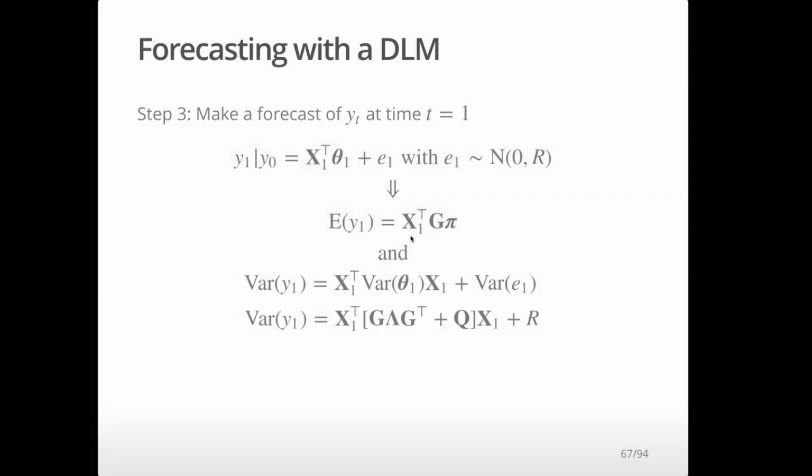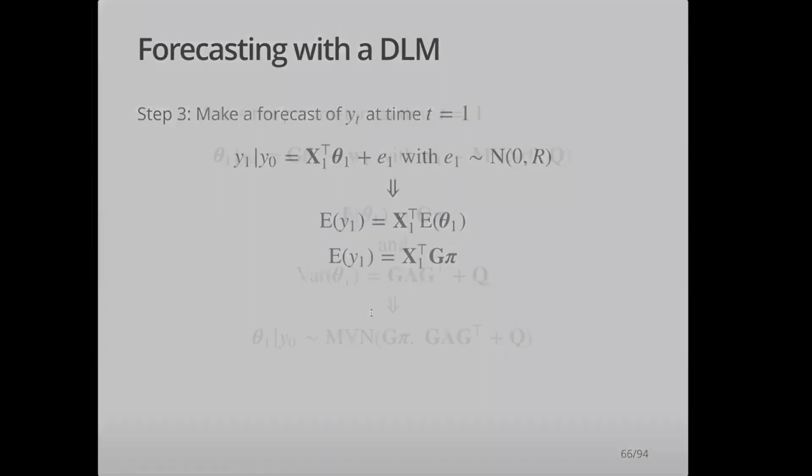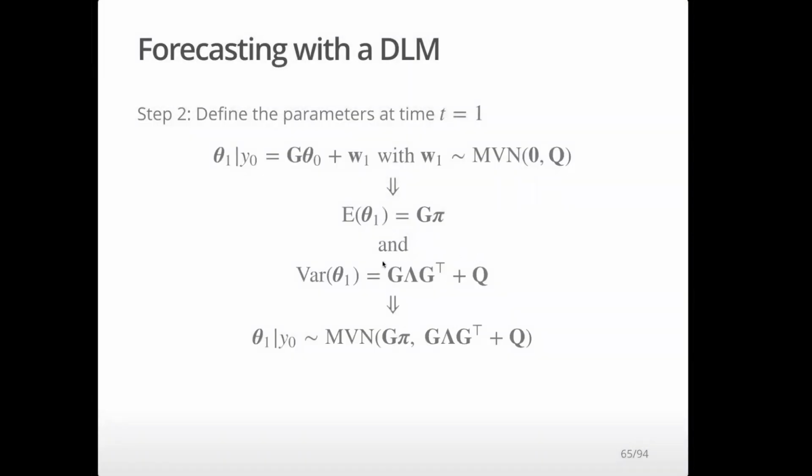Now we need a variance statement here. So we need to know what the variance of this is plus the variance of that. Well, same thing as before. This is going to be x transpose times the variance of theta 1 times x plus the variance of E1, and that's defined up here. So that's just R. That's a scalar now. So if we write all that out, we could substitute in this term, which from the previous slide was this bit.